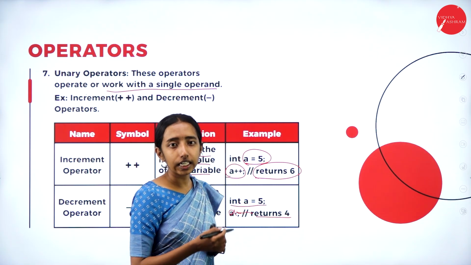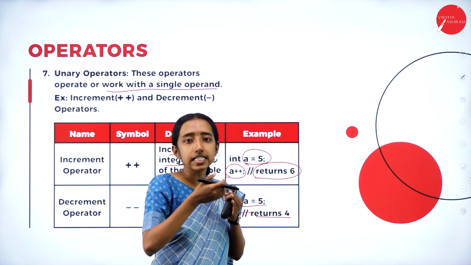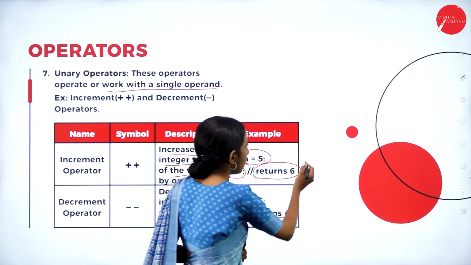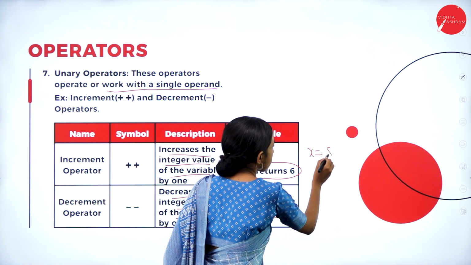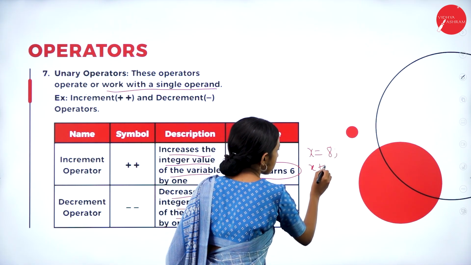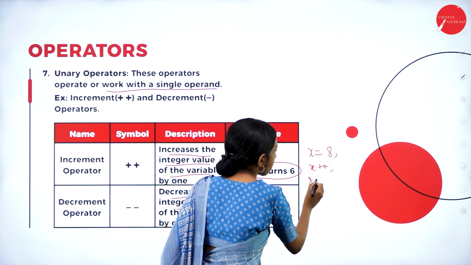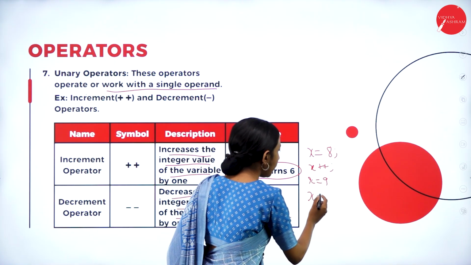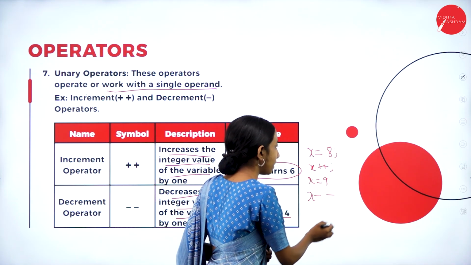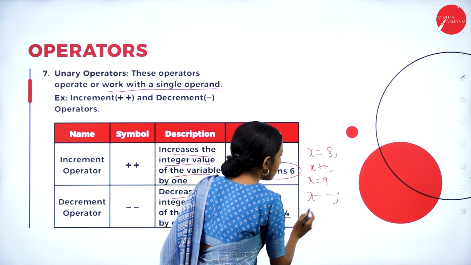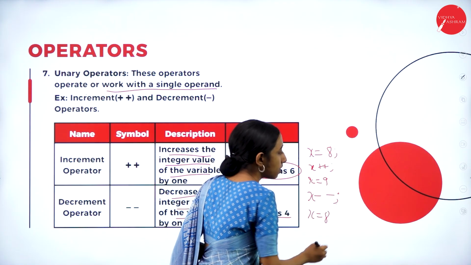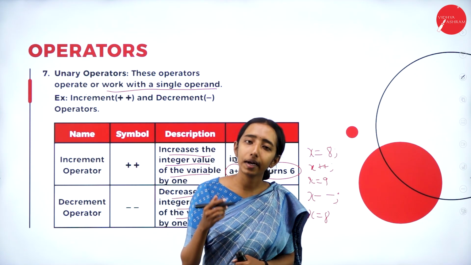So a minus minus means it is decremented. You can also take x is equal to 8, x plus plus. So x becomes 9. Now again I am doing x minus minus. So x again becomes 8. So incremented by 1, decremented by 1.